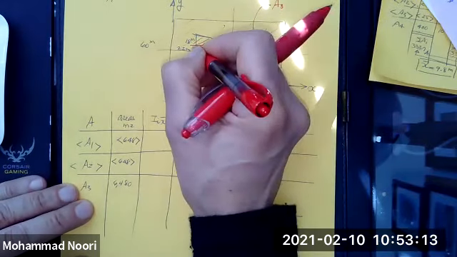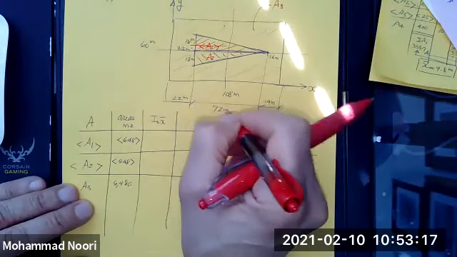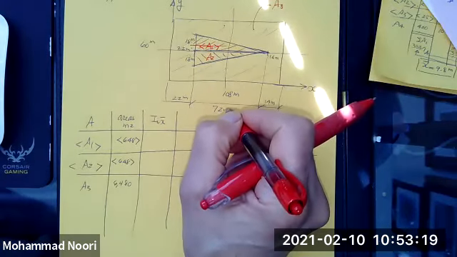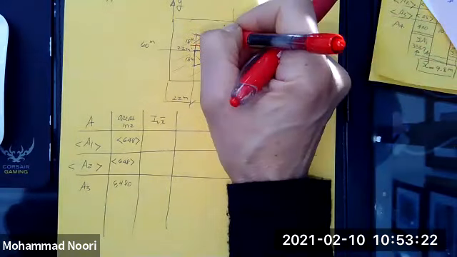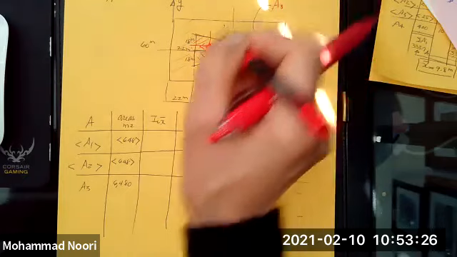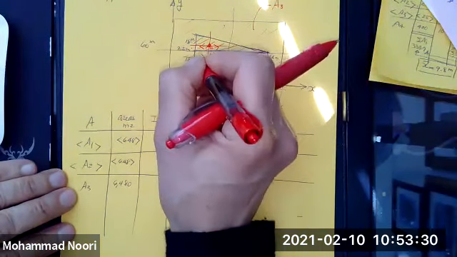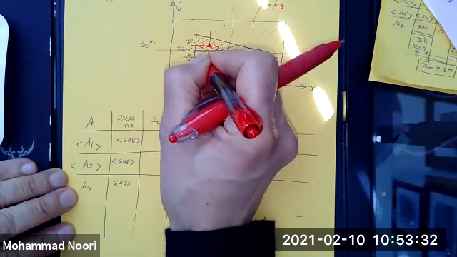This is 6. 1/3 of 72 is 24, so it would be somewhere here. Same thing for this one. Okay, 6, and this is 24.